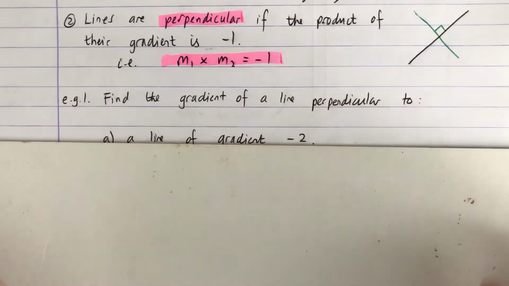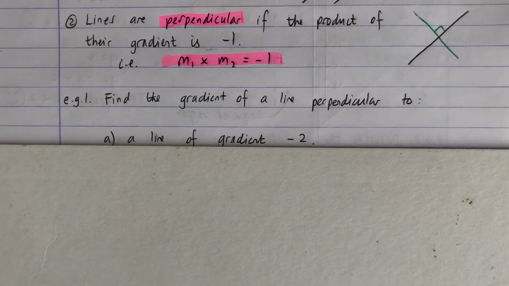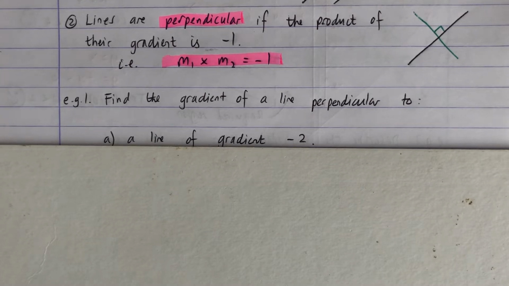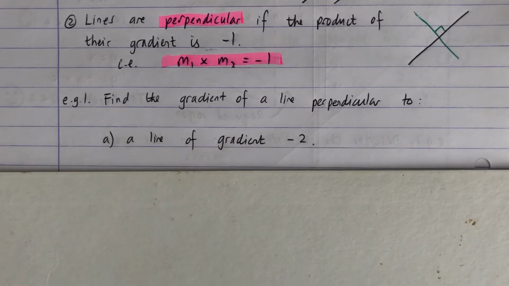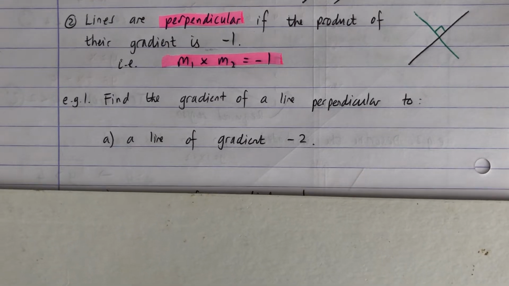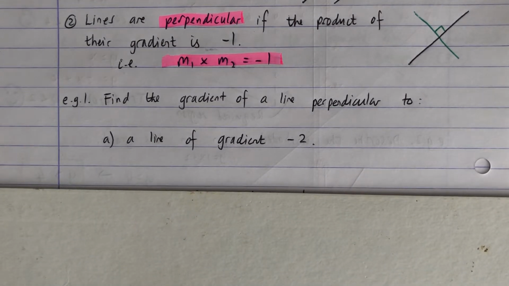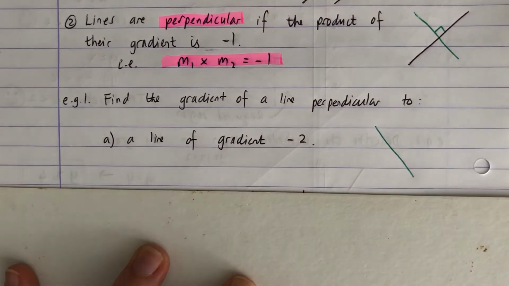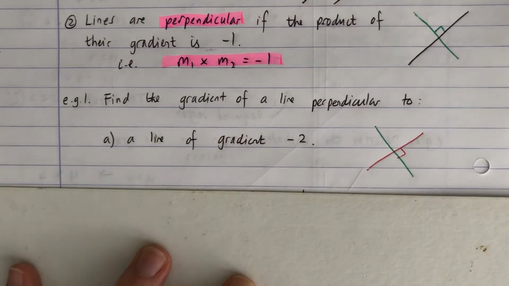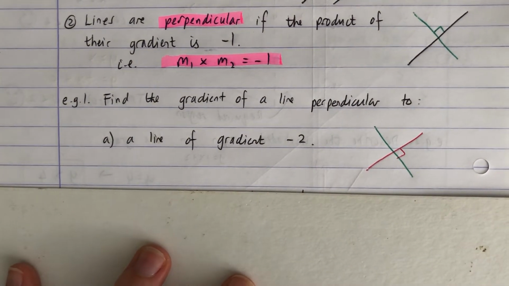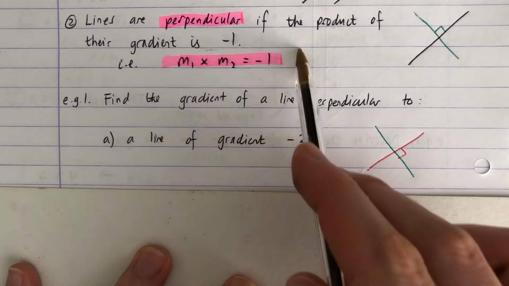So we're going to find the gradient of a line perpendicular to a line of gradient -2. So I want the gradient of a line which is perpendicular to a line of gradient -2. Now, gradient of -2 would be a line like this going down. And one which was perpendicular to it would look like this, going up with a positive gradient. And I need to use this rule.